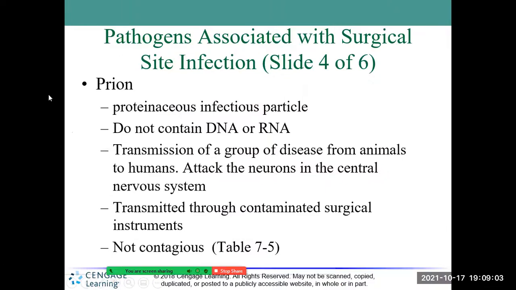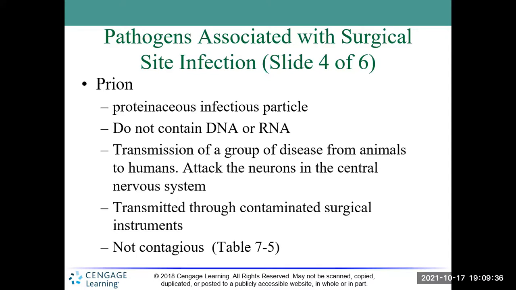And then there are prions. Prion is a proteinaceous infectious particle. It does not contain DNA or RNA, so there's no genetic material in this pathogen. What's unique about this group is that the transmission occurs from animals to humans, and these attack the neurons in the central nervous system.